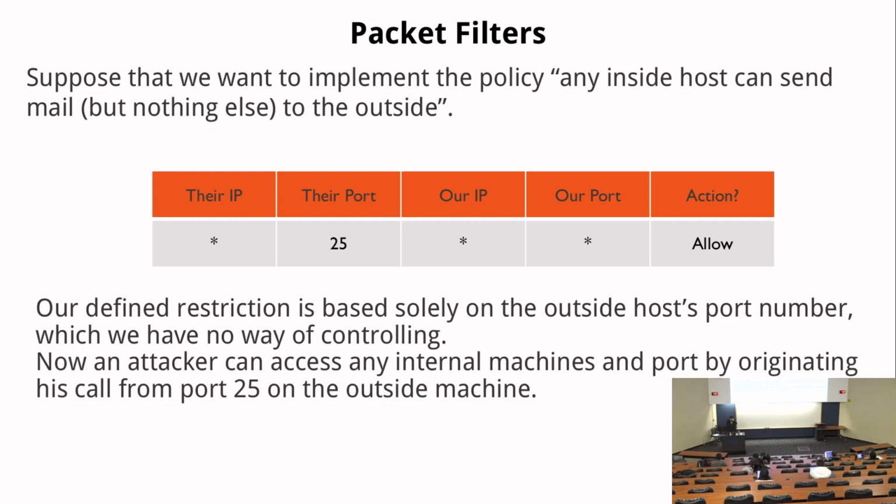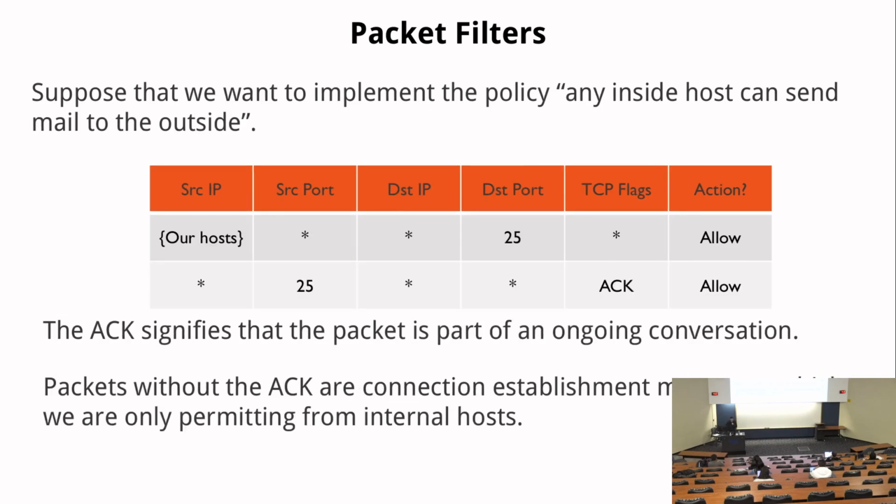So an attacker can access any internal machines and ports by originating from port 25 on an outside machine, which means that on that outside server, on port number 25, usually we will run the SMTP server, the mail server, right? But the attacker can run any other applications on that port. It does not need to be SMTP. So this cannot really defeat those kinds of attacks.